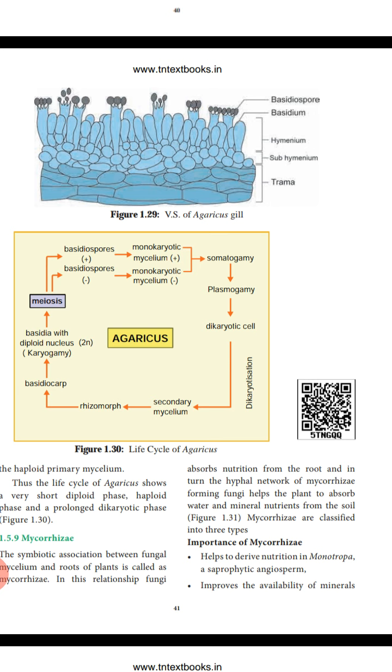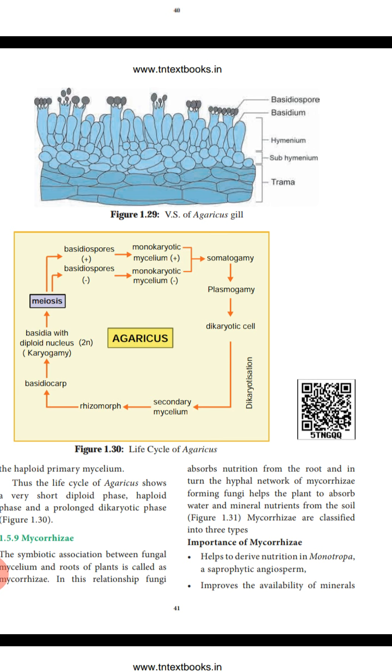These basidiospores will germinate. The plus strain basidiospores and minus strain basidiospores will germinate and give rise to the respective monokaryotic mycelium. So here this is all the haploid phase.